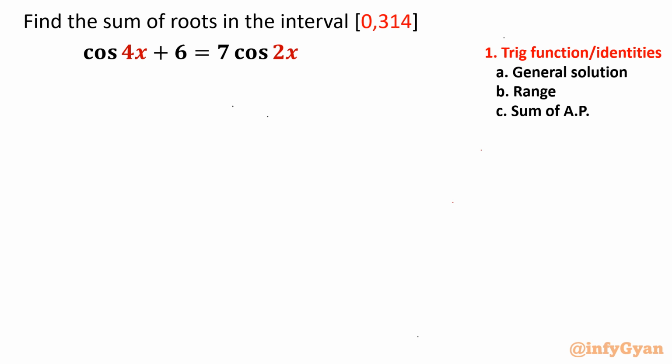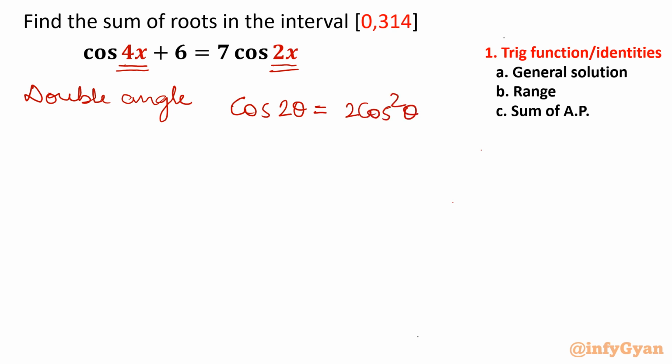As you can see, it is cosine 4x and cosine 2x, so we will use the double angle formula. The double angle formula is cos 2 theta is equal to 2 cos square theta minus 1. In our case, it is cos 4x, basically, so we will write 2 cos square 2x minus 1.